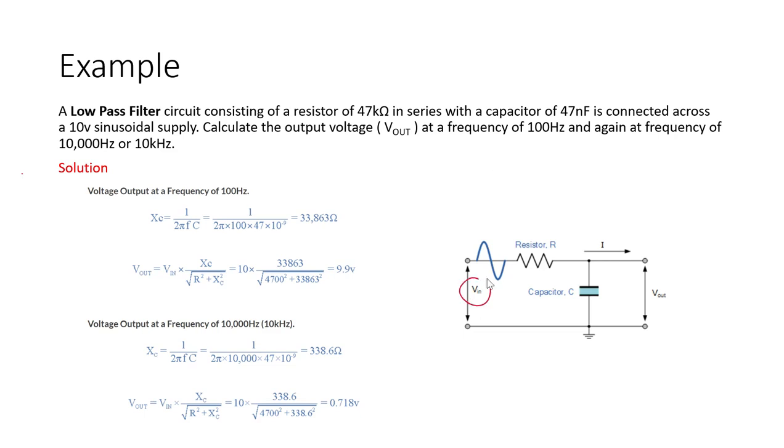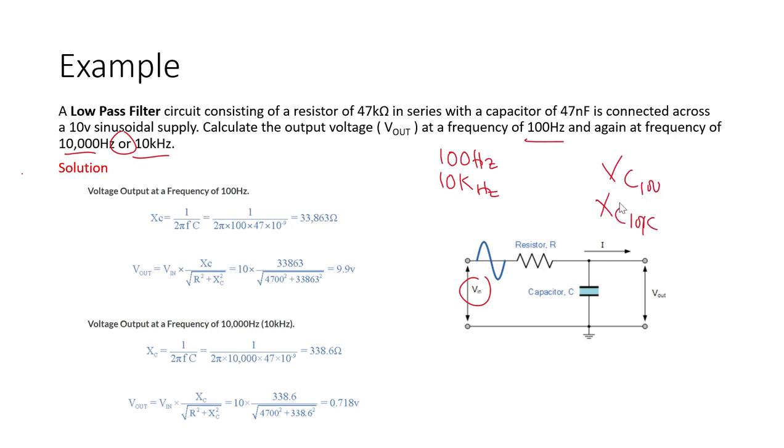So this is a 10 volt supply, and calculate the output voltage at frequency 100 and again at frequency 10,000. Okay, so this is our example that we have to calculate the output at 100 and 10k hertz of frequency. So for that we will calculate the XC100 and XC10k.